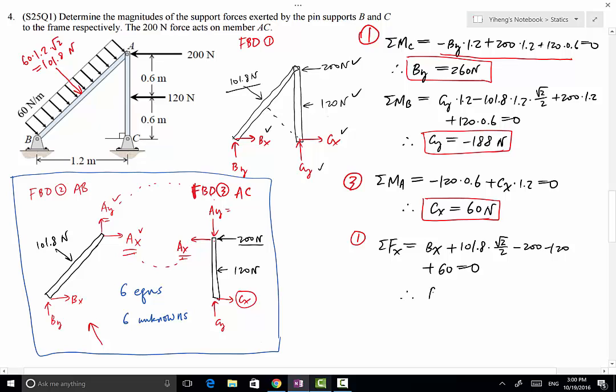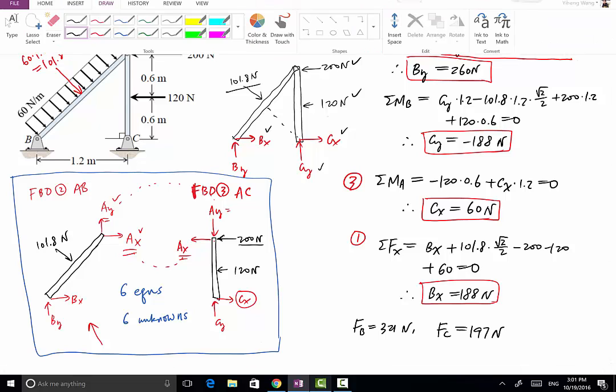So from there, we can solve for Bx, and Bx equals 188 Newton. So from there, we can solve for the resultant force, Fb equals square root of Bx squared plus By squared, and that is 321 Newton. And lastly, Fc, the resultant force at point C, is 197 Newton.